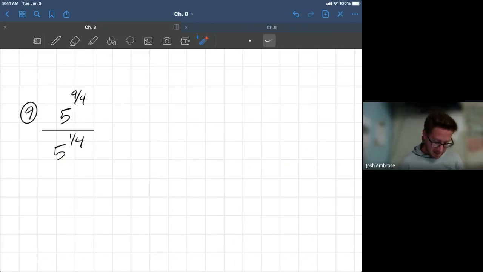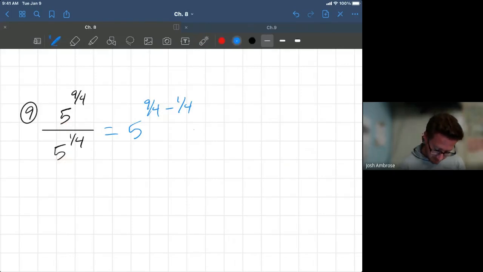All right. Now, same base, same number, same variable. Division means you will subtract your exponents. So this is rewritten. Same base, it's 5. Then 9/4 minus 1/4. You use subtraction when the original had division, but they have to have the same base for this property to work.